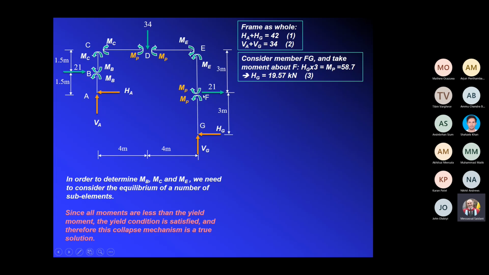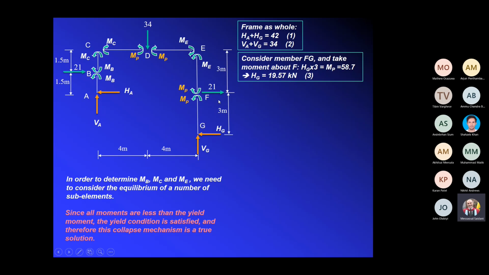So I have taken a cut at a location where I know what the bending moment is, which is MP here. So if we take the equilibrium of FG, and you take moments about F, straight away, you get the horizontal reaction at G, 19.57 kilonewtons. And I've called this equation number 3.